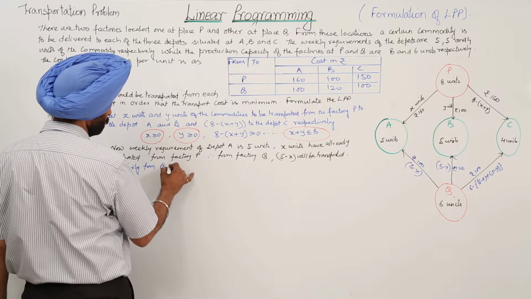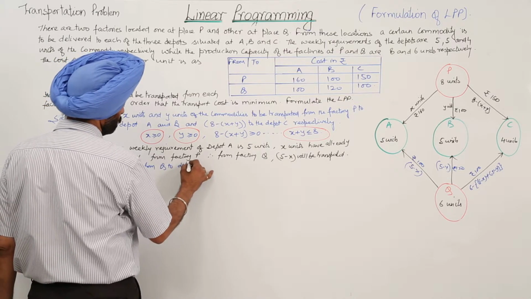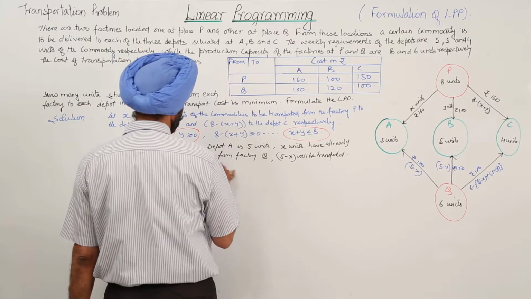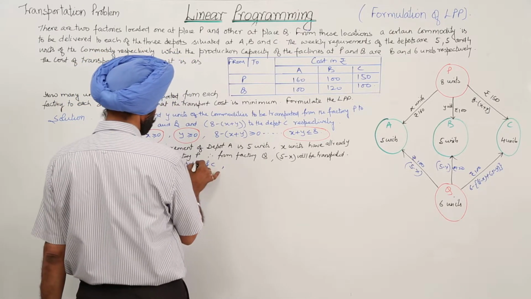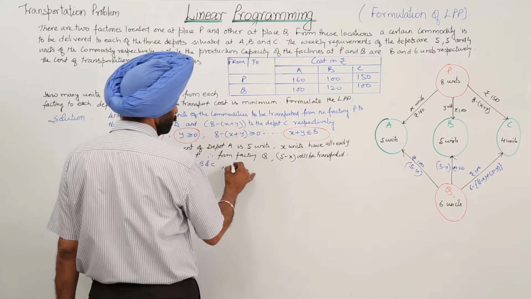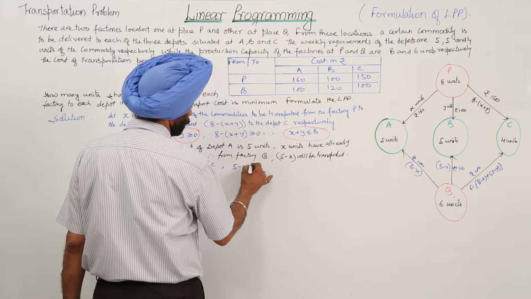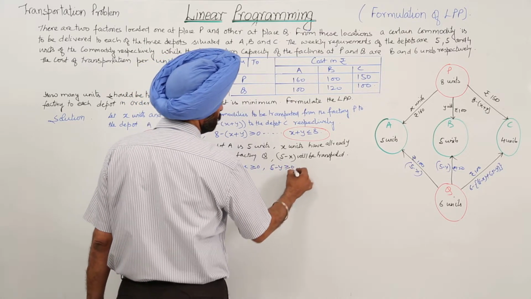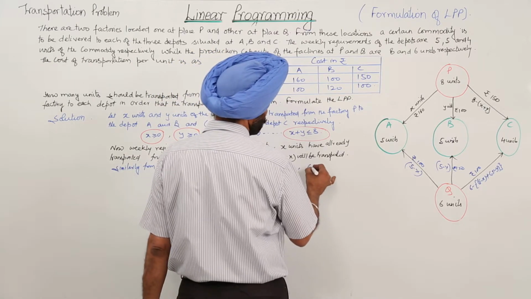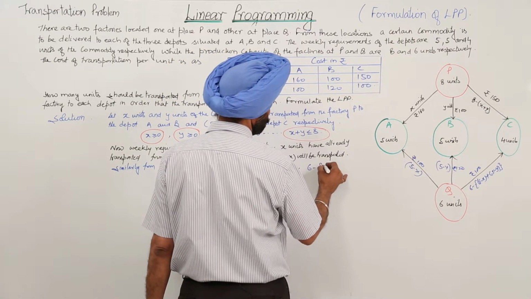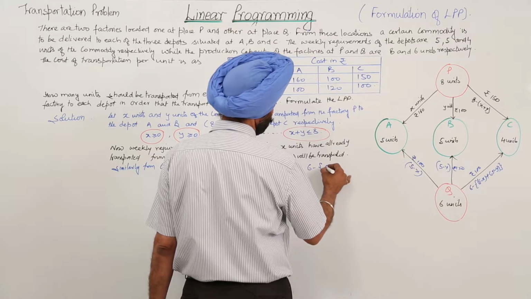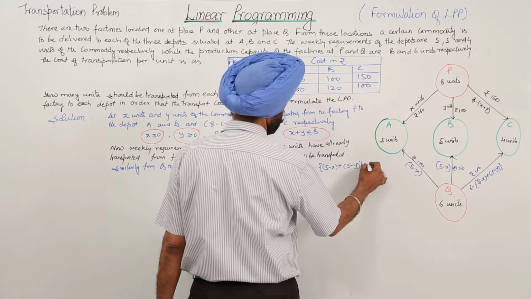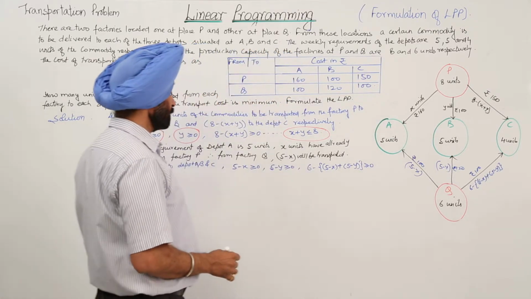Similarly from Q to depots A, B and C, we have 5 minus X greater than or equal to 0, 5 minus Y greater than or equal to 0 and 6 minus (5 minus X plus 5 minus Y) greater than or equal to 0.